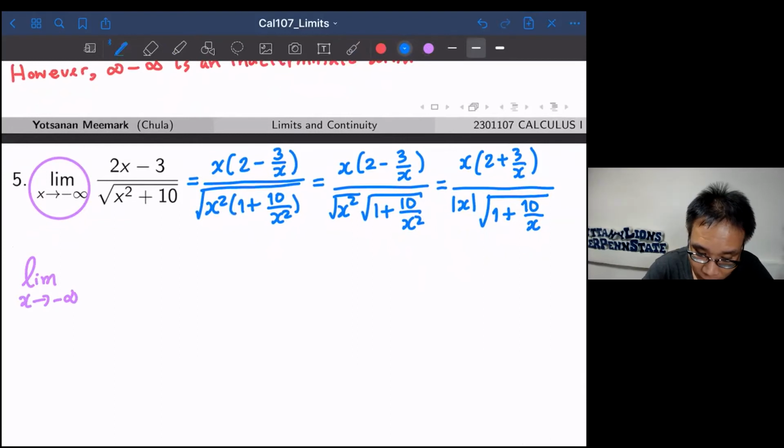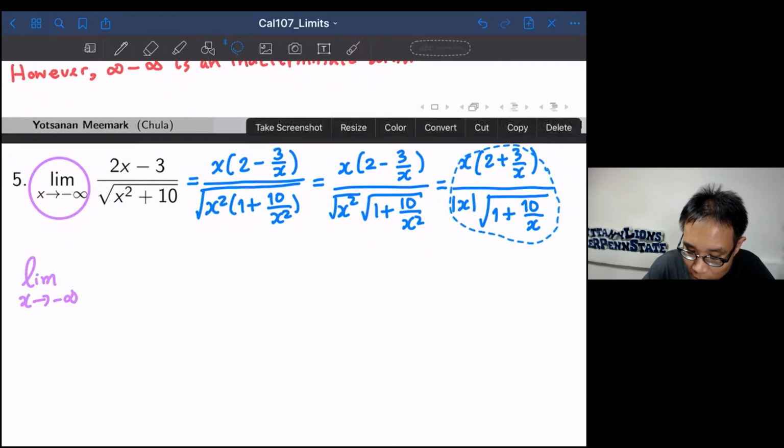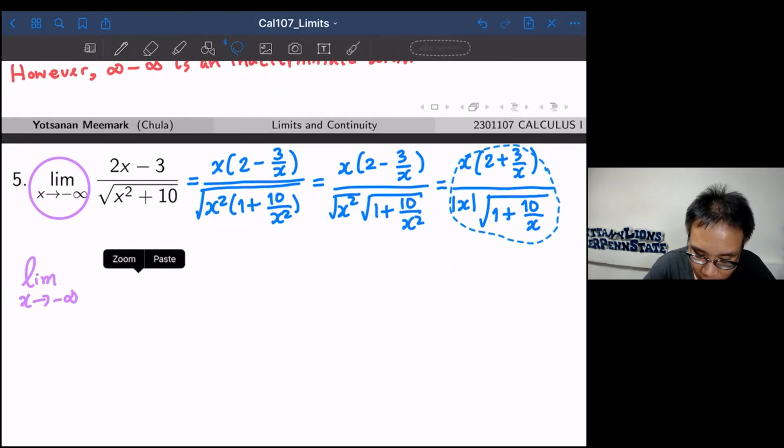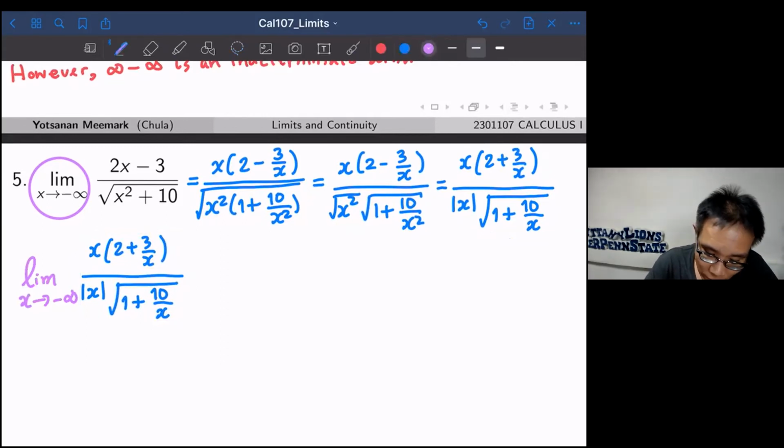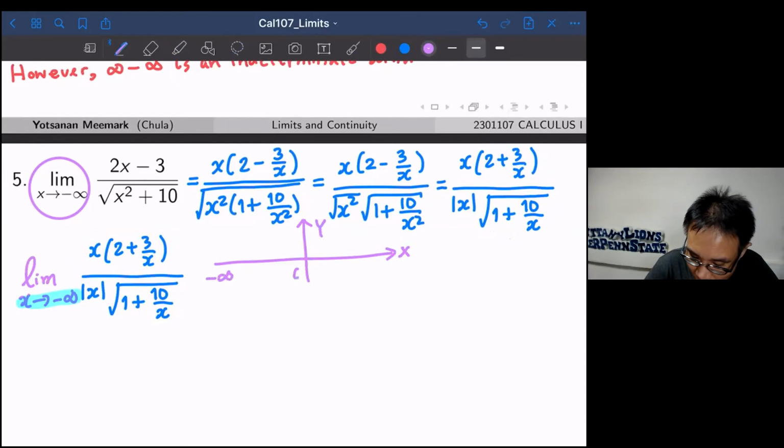Let me copy the whole thing so I don't need to write it again. You get this term, the limit as x goes to negative infinity, and when x goes to negative infinity, you have to know where you are. You have 0 in the middle. Negative infinity is here, 0 is here, and positive infinity is on that side.